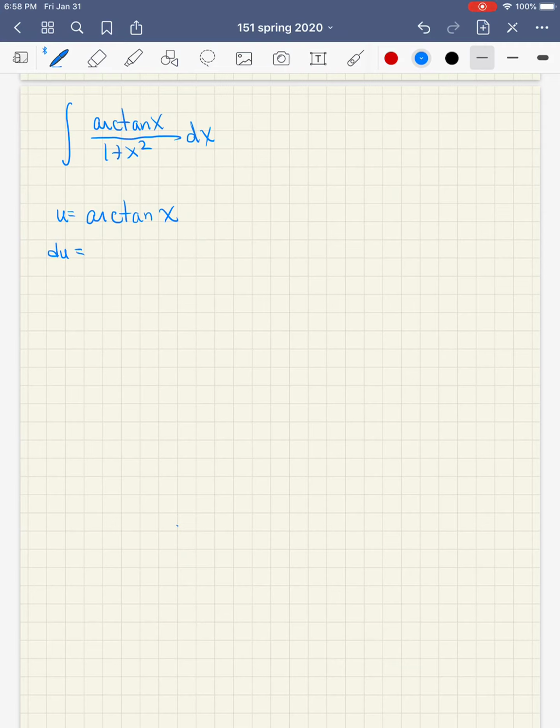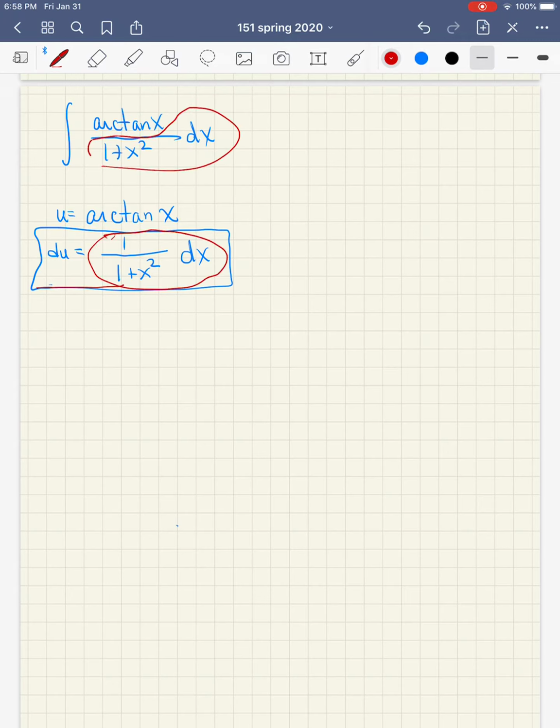If you do that, then the derivative of arctangent is 1 over 1 plus x squared. And so we have this really nice expression that says du is just 1 over 1 plus x squared times dx. I'm going to circle this expression and show you that it really appears right in our integral up there.